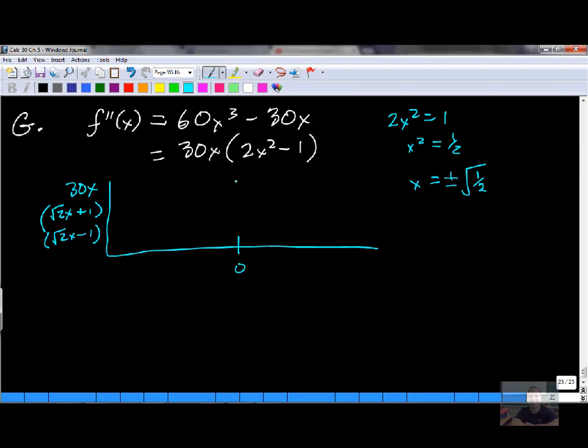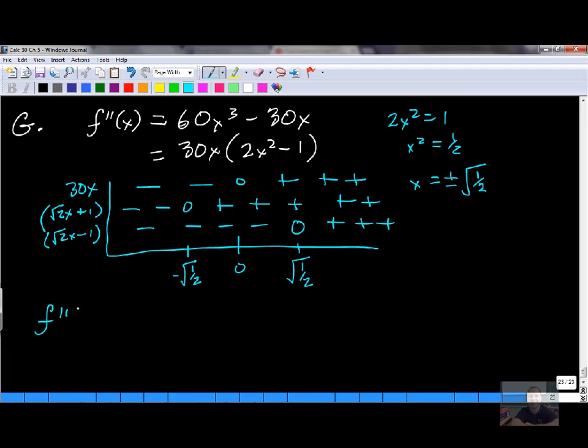As a difference of squares, here are your factors. You're going to have 0, minus, plus. This one we said is going to be at negative root 1 over 2. That's going to be a 0 there. Plus, plus, plus. And a positive root 1 over 2 is going to be a 0 for this factor.